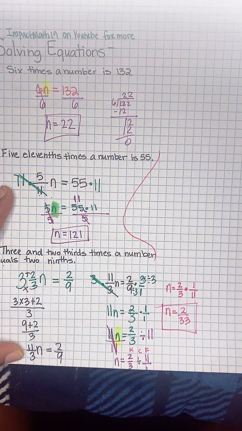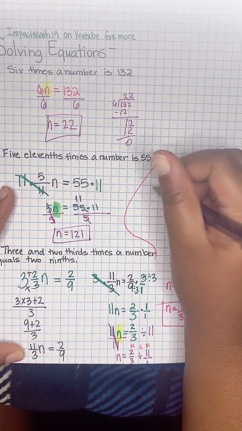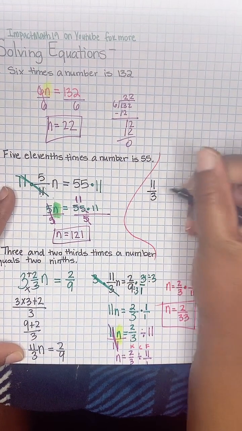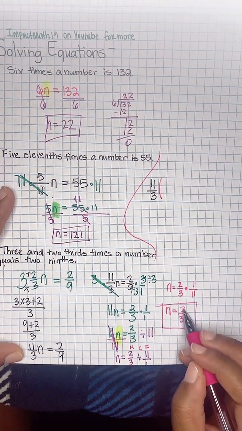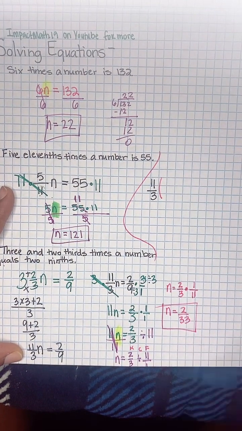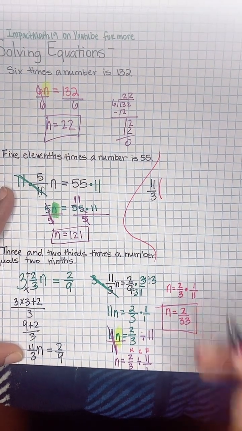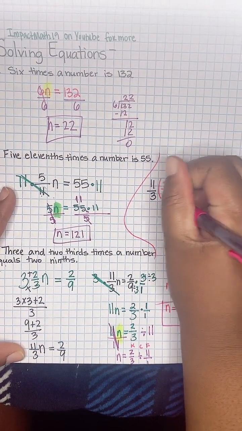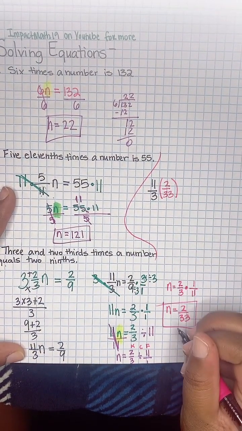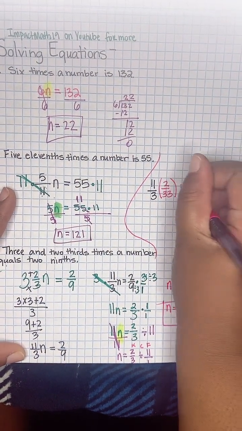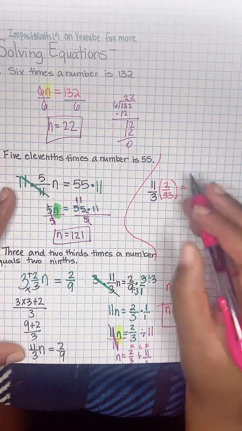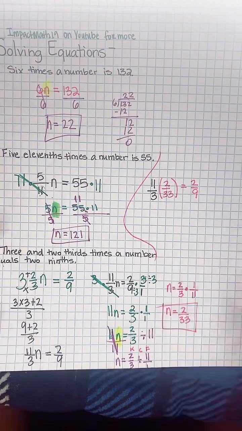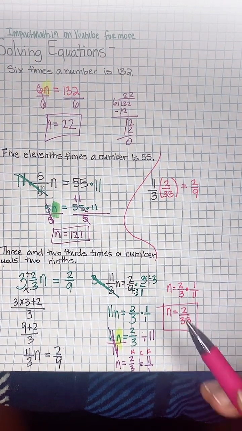So we're going to do 11 over 3, and we're going to times that by what answer we got, which is 2 over 33. Okay. And we're hoping it comes out as 2/9. So if this side is equal to 2/9, we know we did it correct.